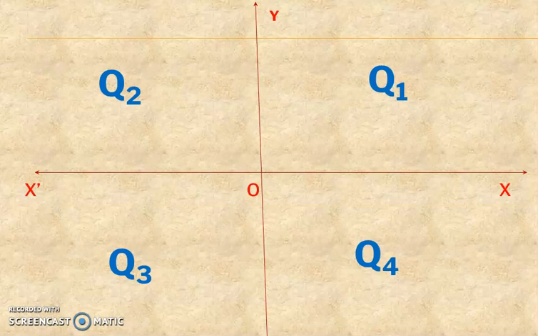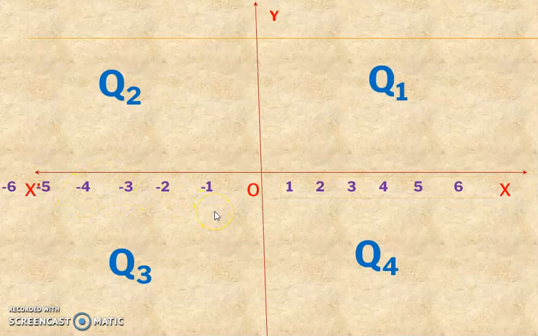Now the positive values of the x-axis lie towards the right side of the origin. These are the positive side of the x-axis, the positive direction of the x-axis, towards the right side of the origin. And towards the left side, we have the negative x-axis.